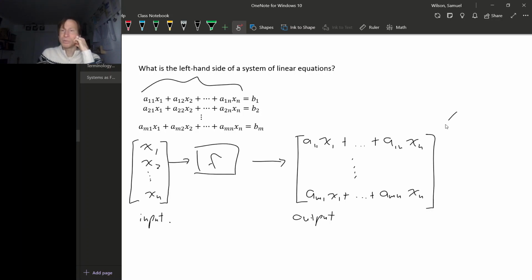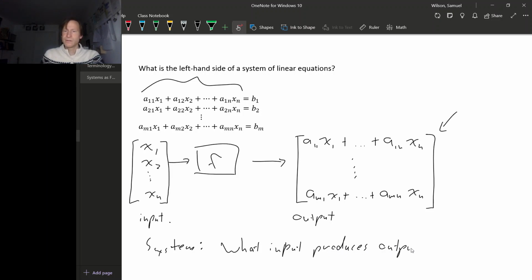So here's the output that this function produces, and then solving the system of equations becomes answering the question, what input produces the output b1 through bm?